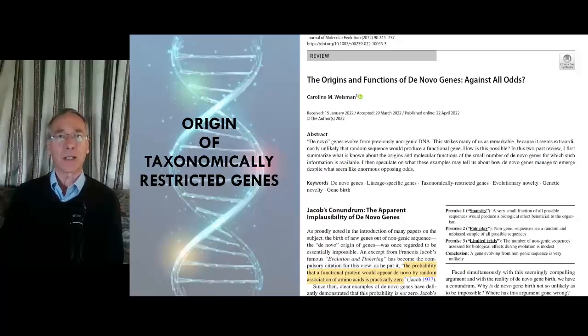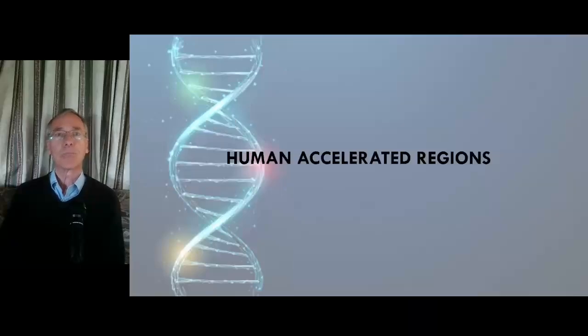And despite the fact that these mechanisms which are proposed are basically imagination, evolutionists are constrained, forced to accept that evolution can produce these genes because there's no other acceptable explanation for an evolutionist.